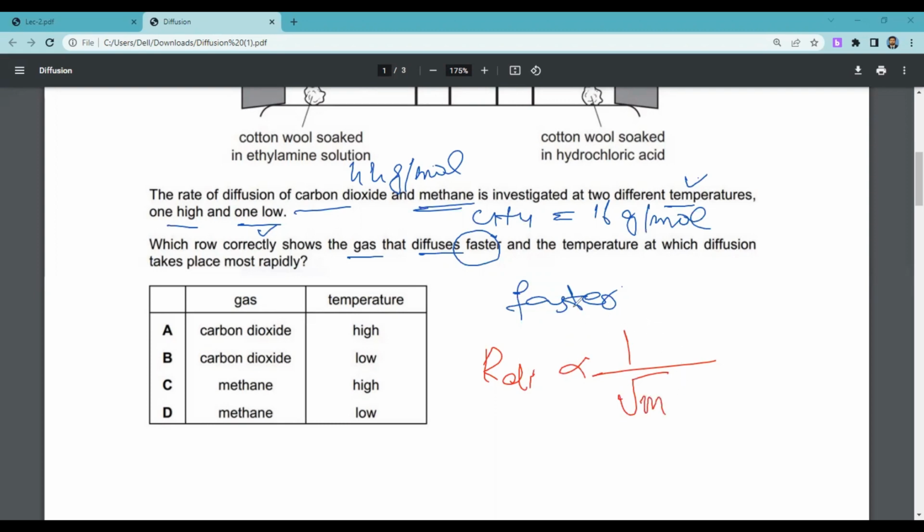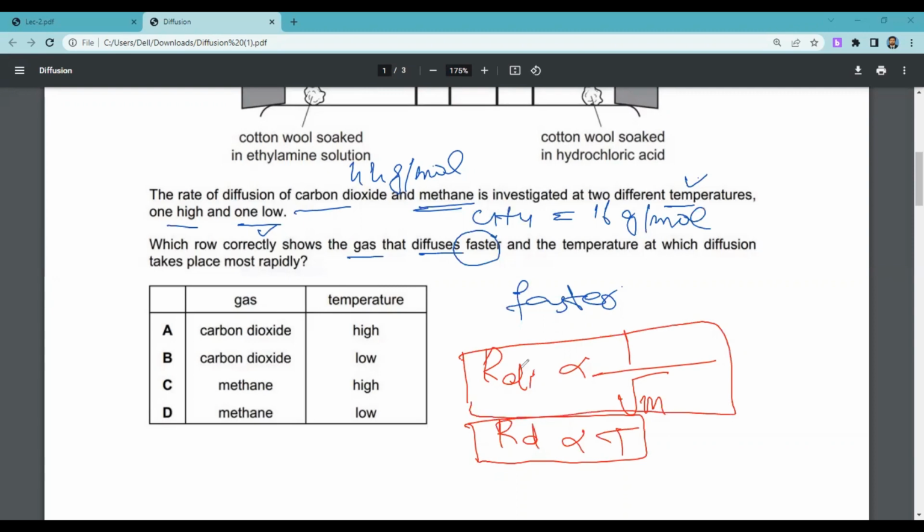Similarly, another factor we discussed is that the rate of diffusion is directly proportional to the temperature.